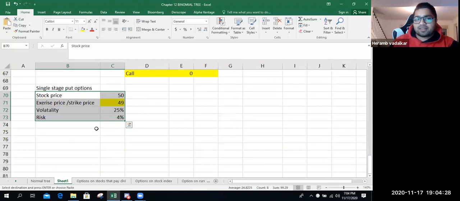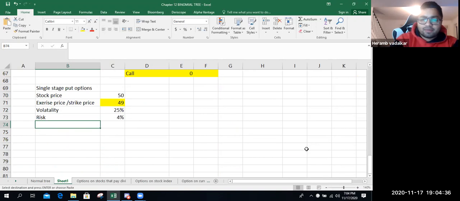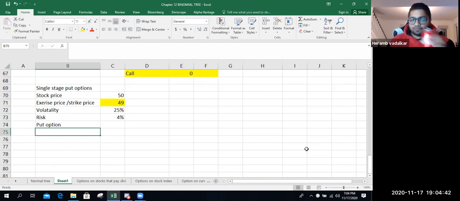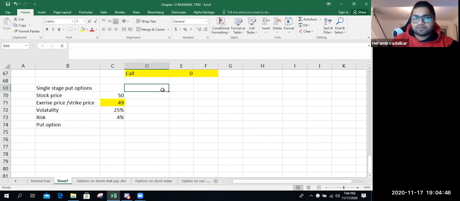If these variables are given, stock price is 50, exercise price is 49, volatility 25%, risk-free rate 4%, but now it is a put option. So let's solve. Steps remain same.